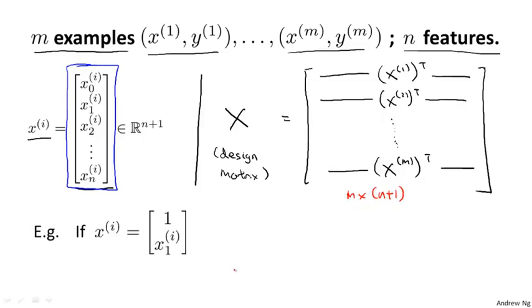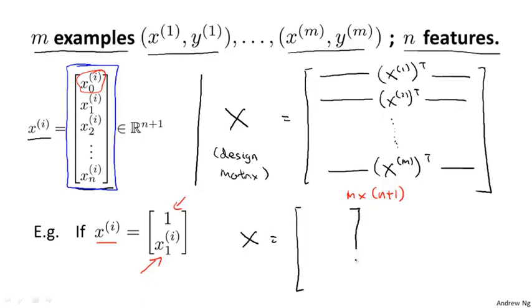As a concrete example, let's say I have only one feature other than x0, which is always equal to 1. So if my feature vectors xi are equal to 1, which is x0, and then some real feature like maybe the size of the house, then my design matrix X would be equal to this.